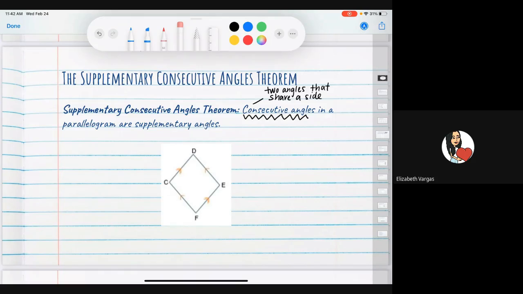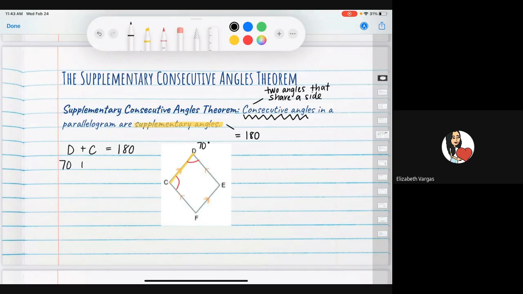So consecutive angles in a parallelogram are supplementary to each other. So what does that mean? Well, that means if you add those two angles together, they should equal 180 degrees. So for example, if I wanted to find the angle measure of C and say that I knew that D was equal to 70 degrees, well, I know that D and C, because they are consecutive angles, they must be supplementary.